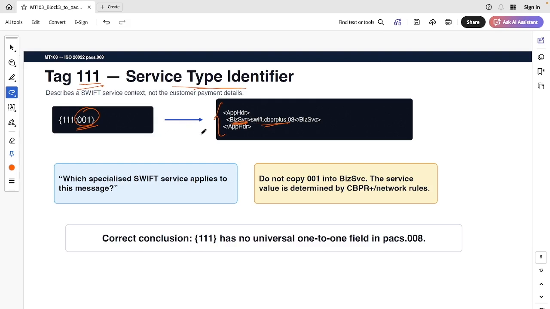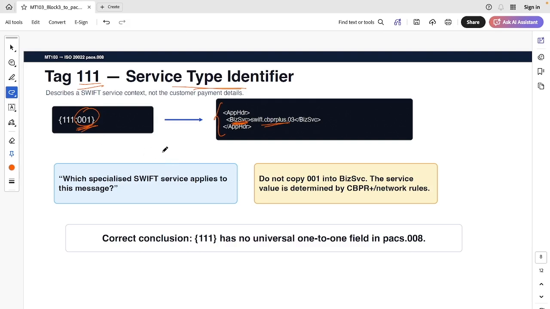The correct business service value is determined by the active Swift service, the applicable message usage guideline, the standards release, and the network configuration. The value can therefore be derived or configured by the messaging interface rather than copied from field 111.